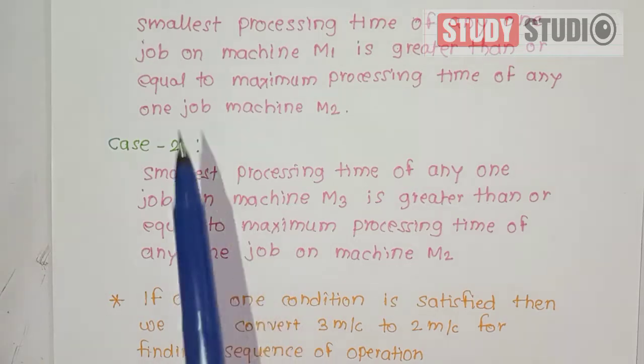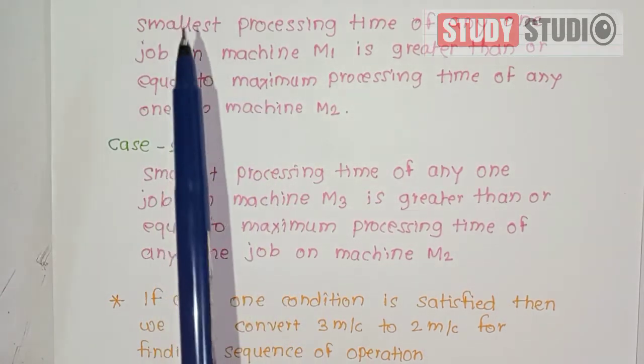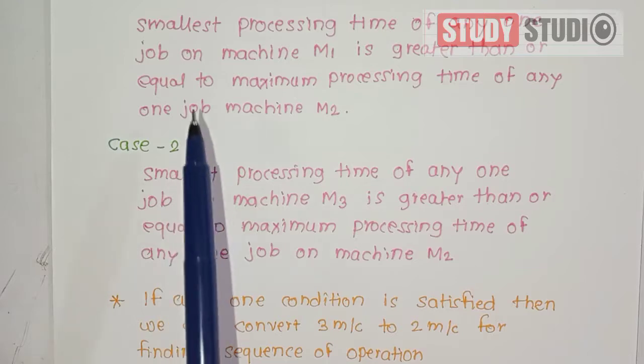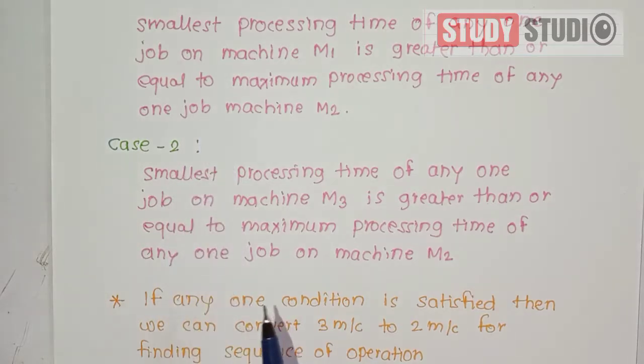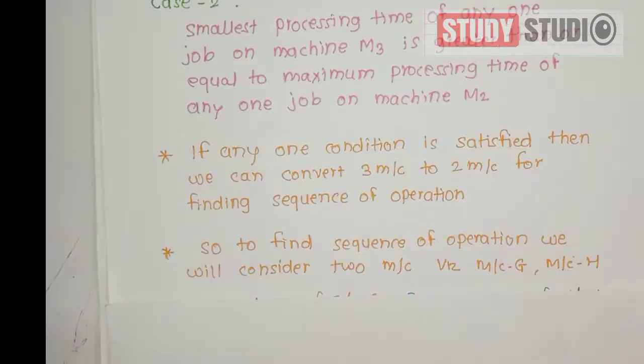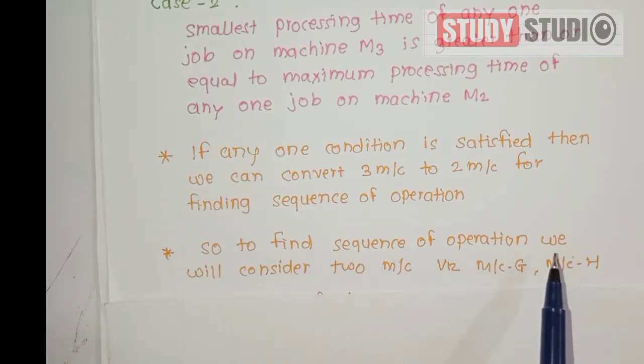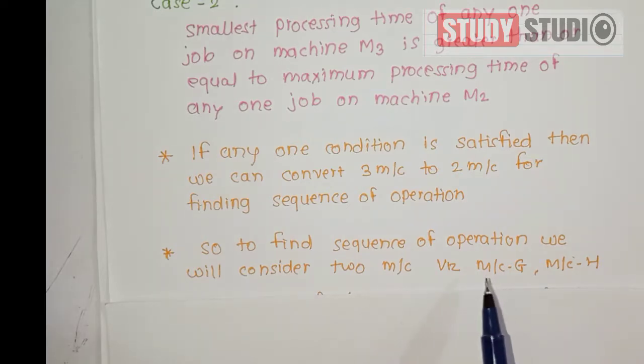That means if either case number 1 or case number 2 satisfies the condition, then we can convert the 3 machine problem to a 2 machine problem to find out the sequence of operation. So we will consider 2 separate machines, machine G and machine H.